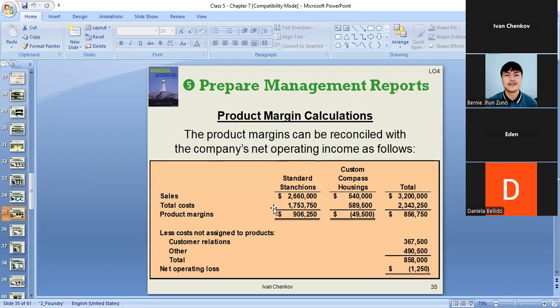Once we prepare that report, we extend that report to add the customer relationship and other costs, we still end up losing. We cannot change the fact that we're losing $1,250. As you remember, in the very beginning when we started the whole thing, this company was losing $1,250. That's slide 35. Let's see.